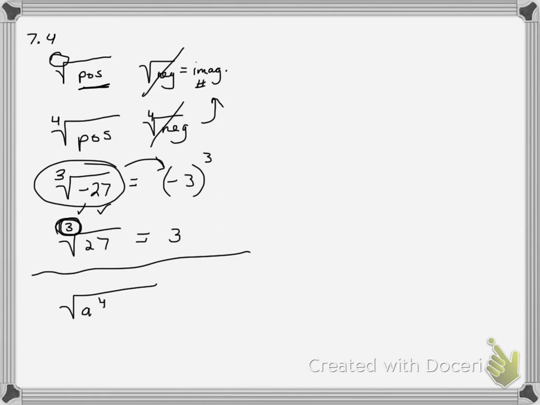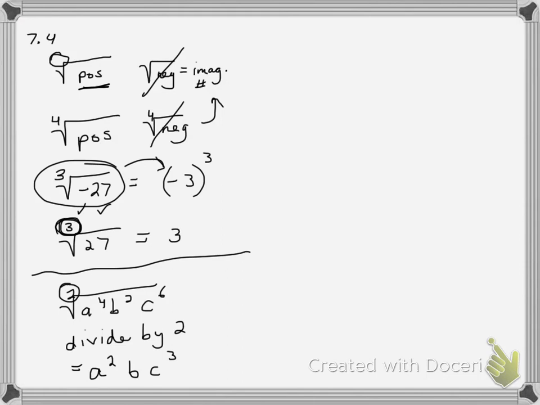If I have a to the 4th, b squared, c to the 6th, with no index here, it's assumed to be a 2, a square root, and you're going to just divide every exponent by 2. So I would end up with a squared b c cubed, just like that.